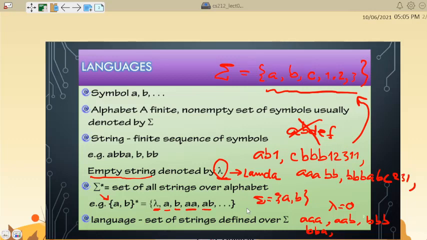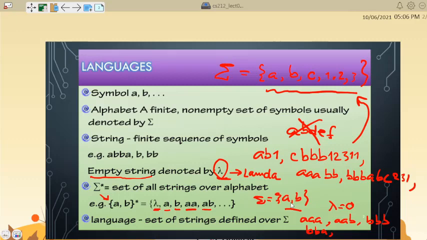So we define our language as a set of strings defined over sigma. This means our language can be the strings that we generate from sigma.